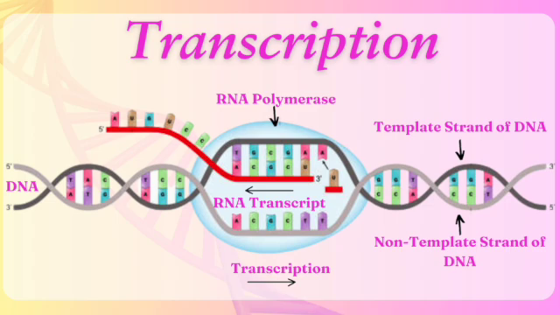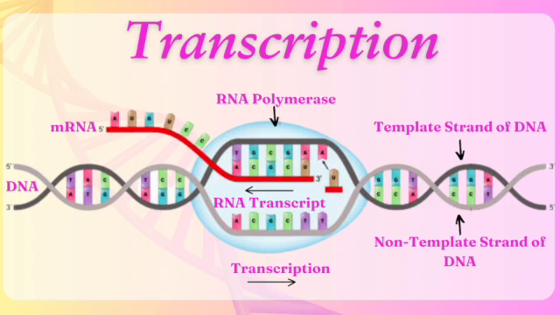You can see your 3' on the DNA is your template strand right here, and on your RNA, that's right here, it goes from 3' to 5'. So those are those two directions. So your RNA builds a complementary strand of RNA using your base pairing rules.